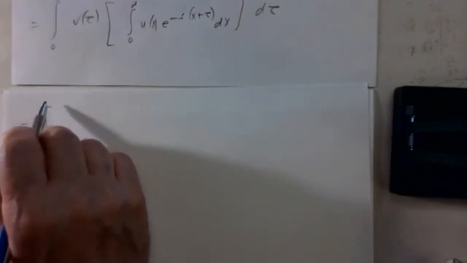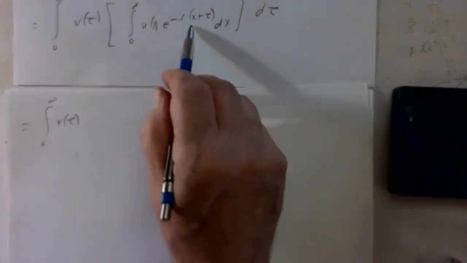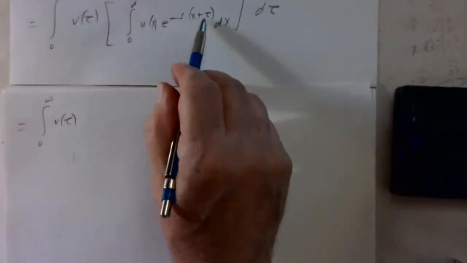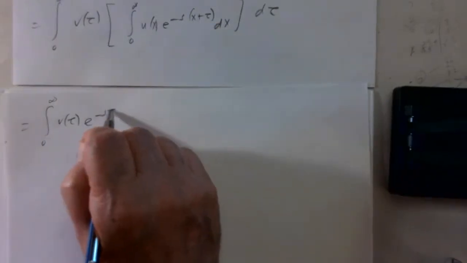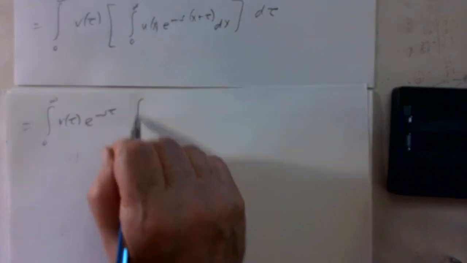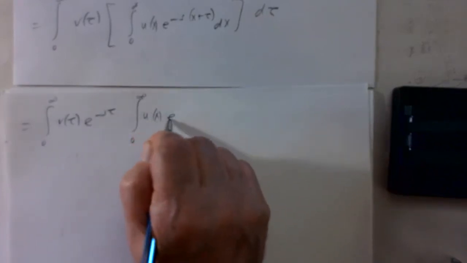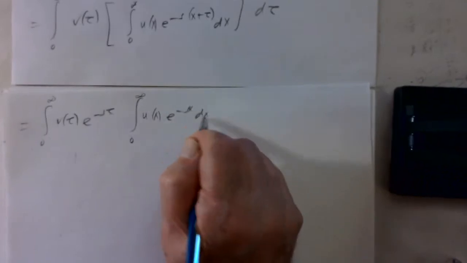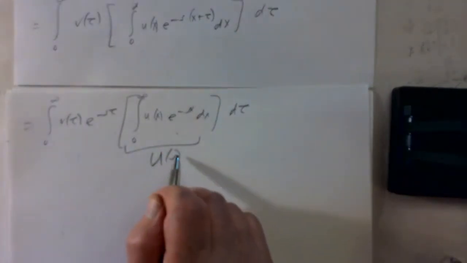This is the integral from 0 to infinity, v of tau. This is e to the minus sx, e to the minus s tau. I can take outside the integral from 0 to infinity, u of x e to the minus sx dx, d tau.